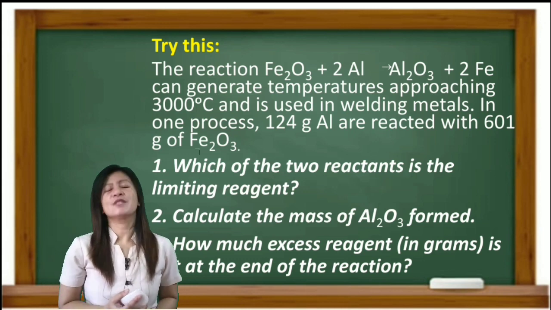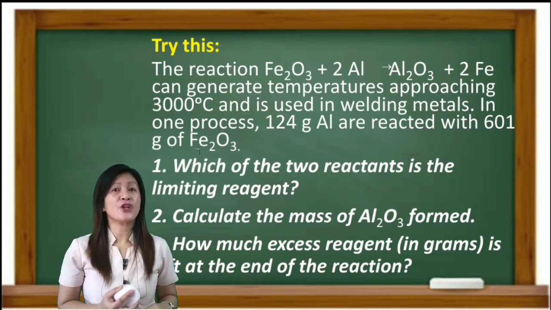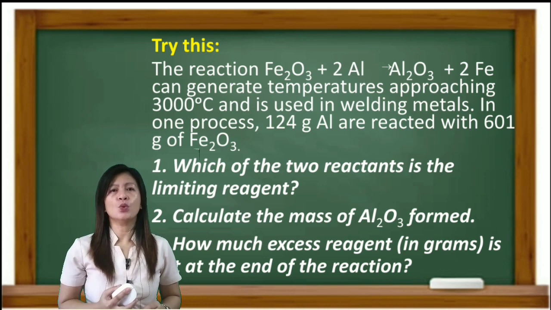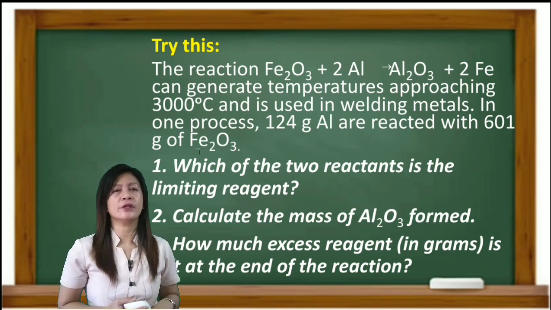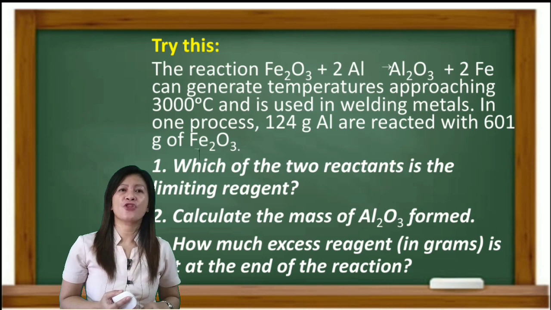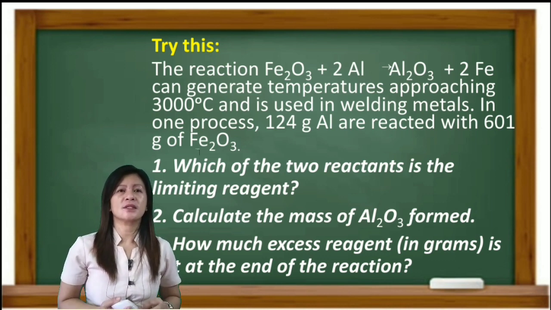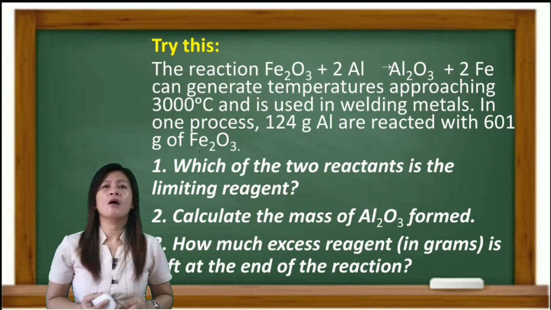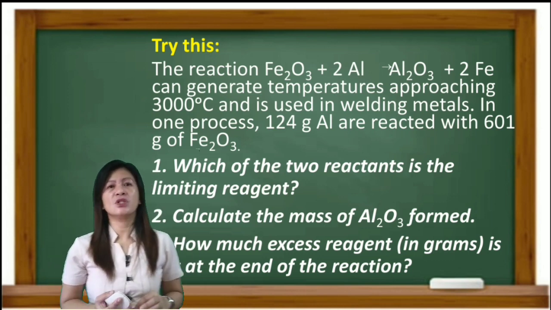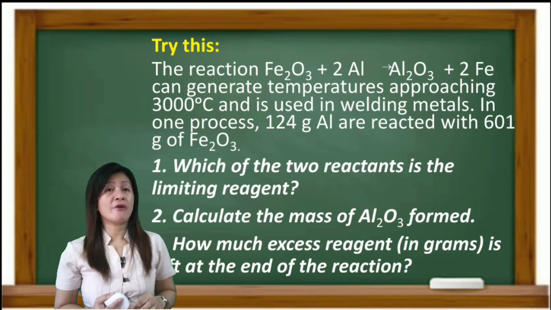Can we try this? The reaction is iron(III) oxide plus 2 aluminum to produce aluminum oxide and 2 iron. 2 moles of iron can generate temperatures approaching 3,000 degrees Celsius and is used in welding metals. In one process, 124 grams of aluminum are reacted with 601 grams of ferric oxide.